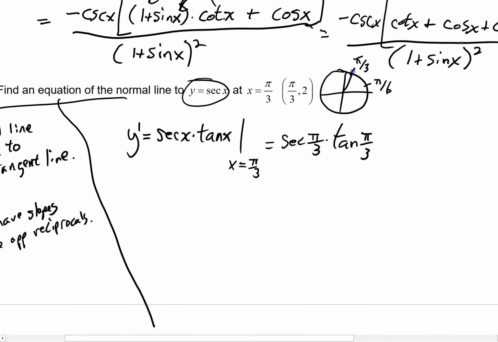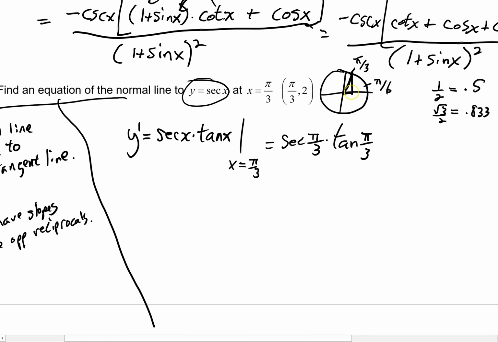And you can also see this even by drawing a quick little triangle here. I hope you know that 1/2 is equal to 0.5, and radical 3 over 2, the other common value that you see in the unit circle, is about 0.833.